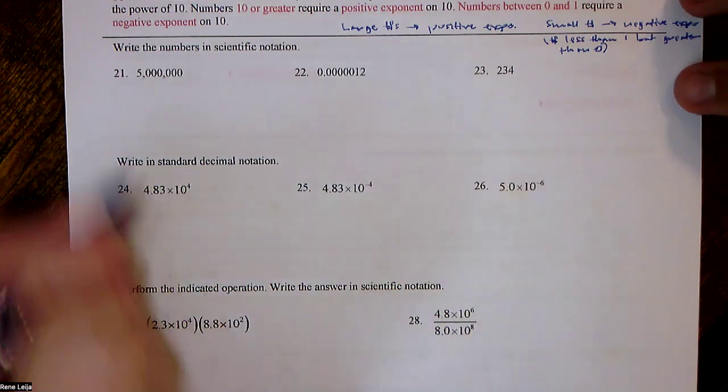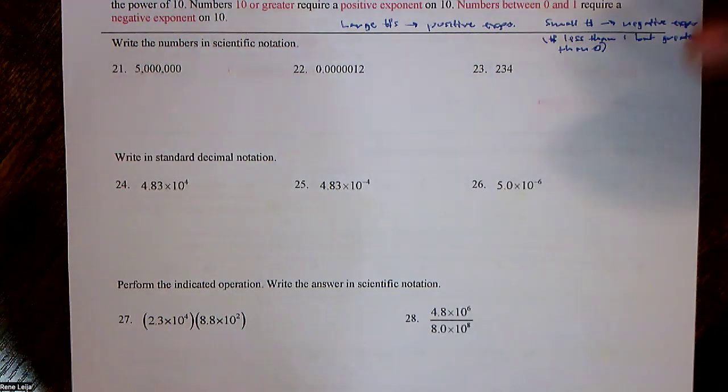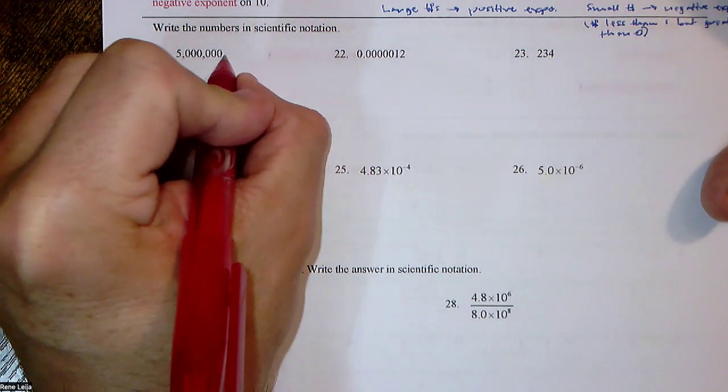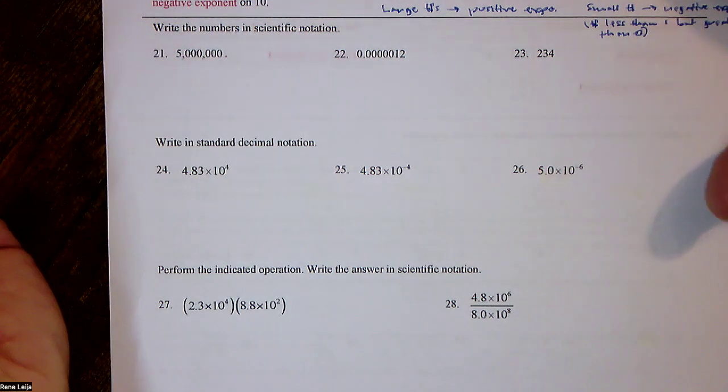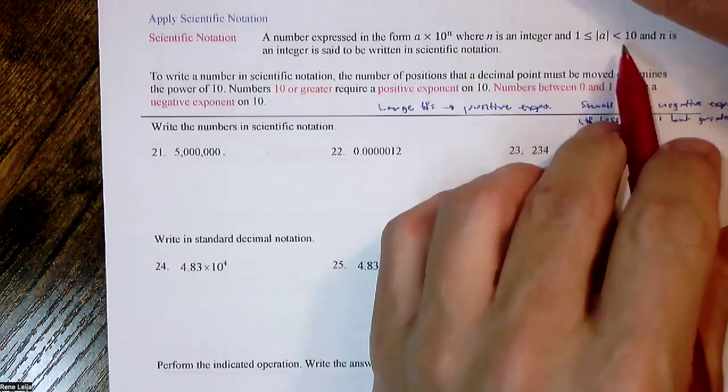All right, so here's the way this is going to work. First, I want to know where my decimal is on number 21. My decimal is right here. Now, I need to turn this number into a number between 1 and less than 10.